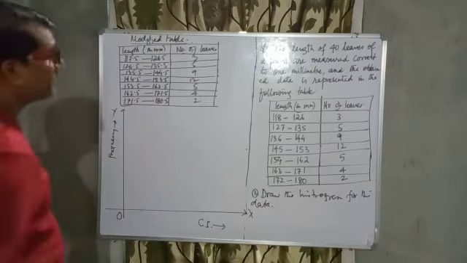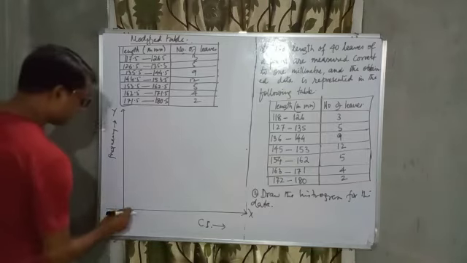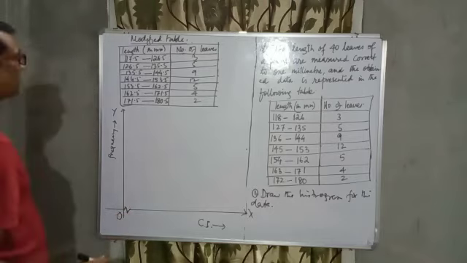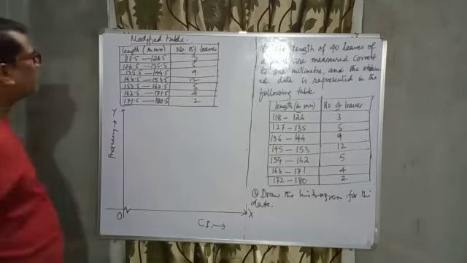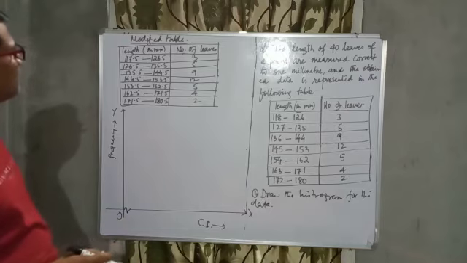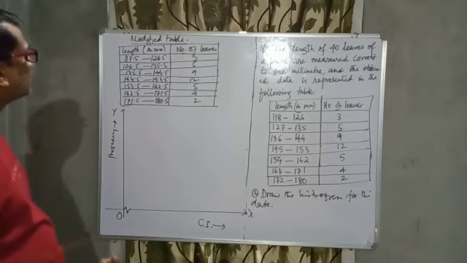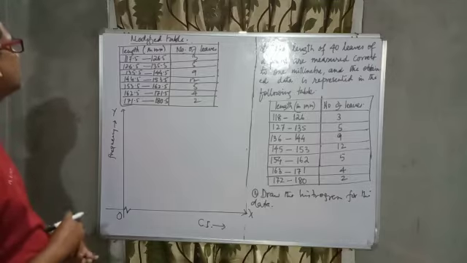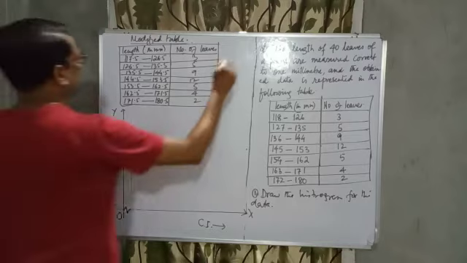Now start from 117.5. We have to draw a zigzag line here first. Starting from 117.5, and before that, what point will we get? We have to subtract 9. If we subtract 9, what will we get?